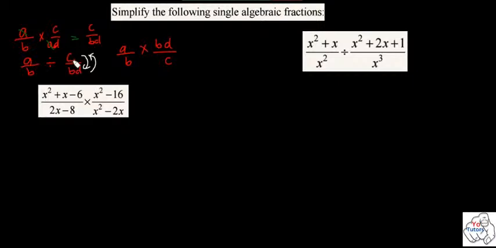So here, C goes down, BD goes up, then you change the sign to multiplication. Then you can easily continue. B into B, you can cancel. Then your final answer will be equal to AD over C.